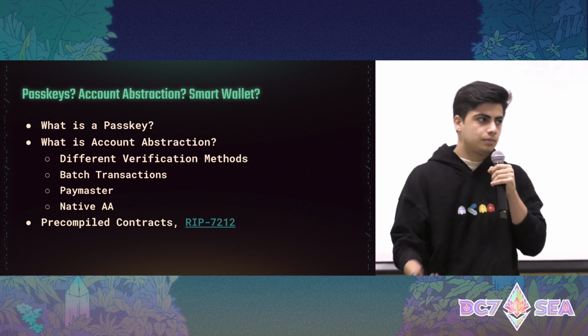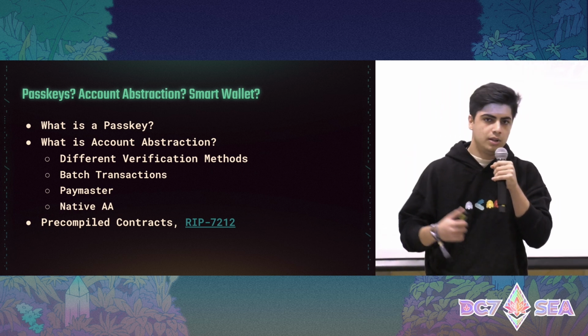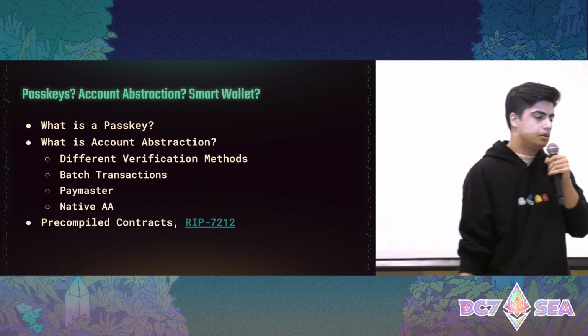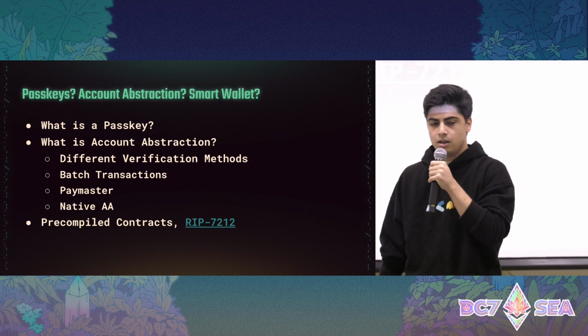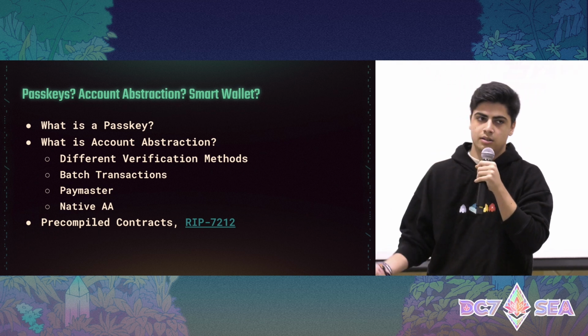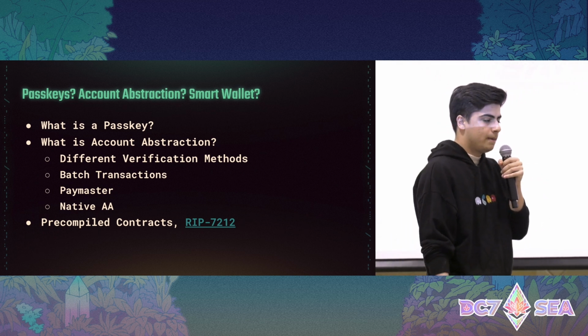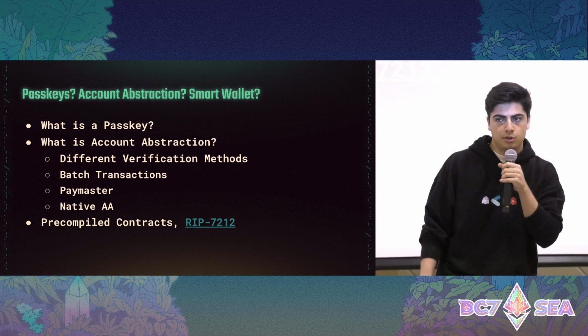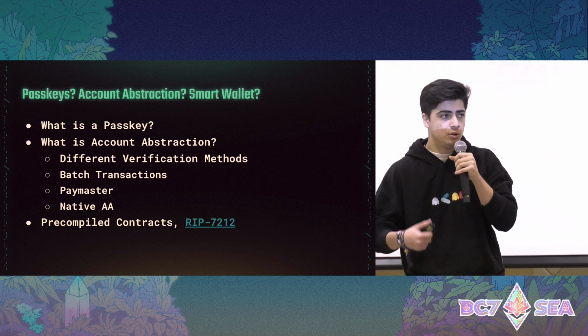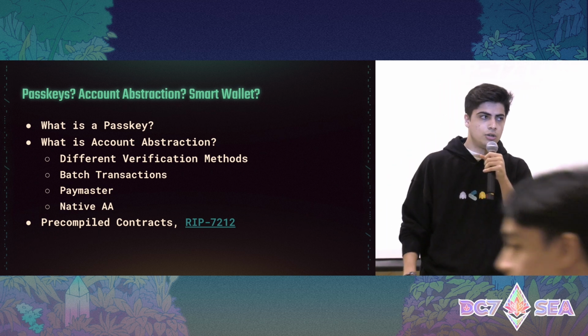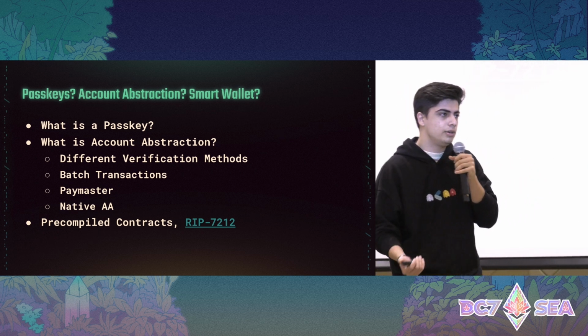So instead of doing approval and transfers or other operations with different signings, you just sign once and send those transactions at the same time. Account abstraction also introduces paymasters, where you can sponsor the gas of the users, or users can pay with any ERC20 token for their gas.